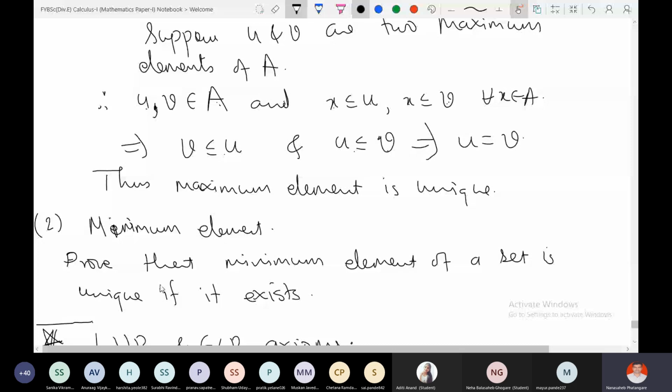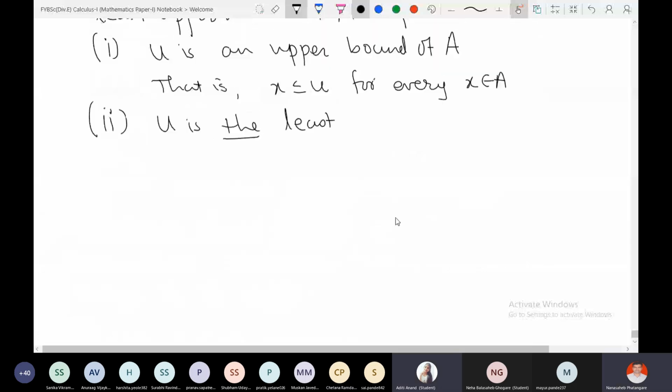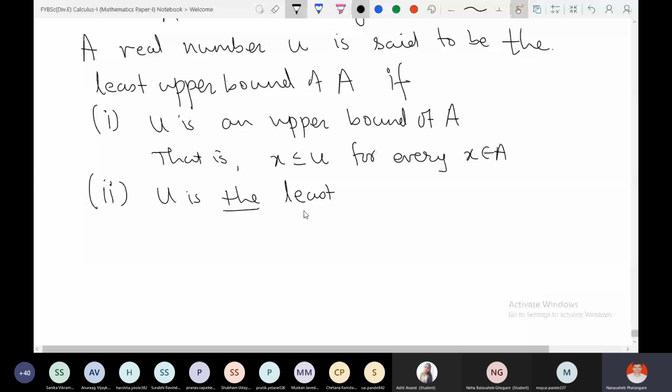Least means what? Minimum element. Do you remember this? Minimum element or least element. Is this clear? Yes, sir. So when I am talking about the least element, that means I am talking about the minimum element, and we have already discussed that the minimum element is unique.